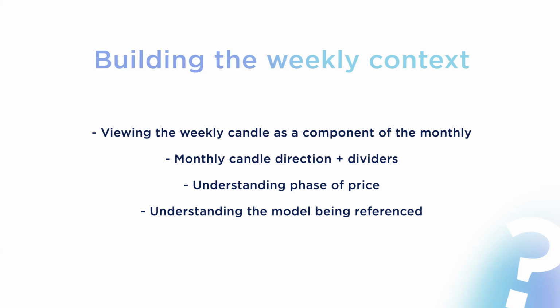So if we can understand where that monthly candle is heading to, and then identify what phase of price we are in within that monthly candle, that gives us a whole week of bias. So by utilizing the monthly candle direction and the dividers that I'm going to show you guys, and then understanding the phase of price, we can then reference some sort of market maker model or accumulation, manipulation, distribution model to then formulate how the weekly should print.